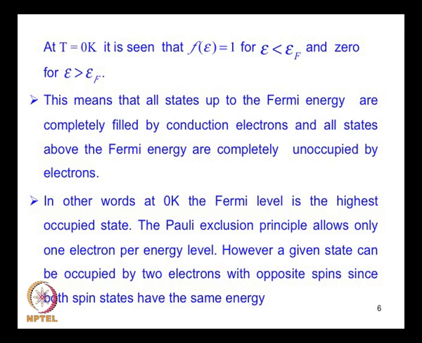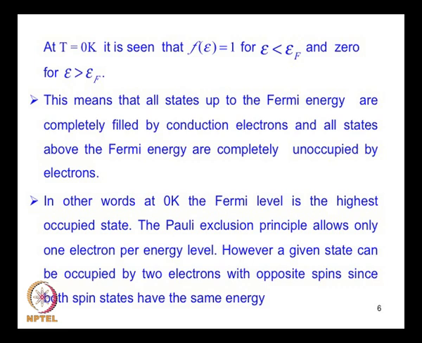Now, of course, when I say that each state is occupied by one electron according to the Pauli principle, what I mean is that we do not consider the spin of the electron. If you consider the spin of the electron, then we know that the electron has a spin of half, and so can occupy two states with parallel or anti-parallel spin to a given direction in space.